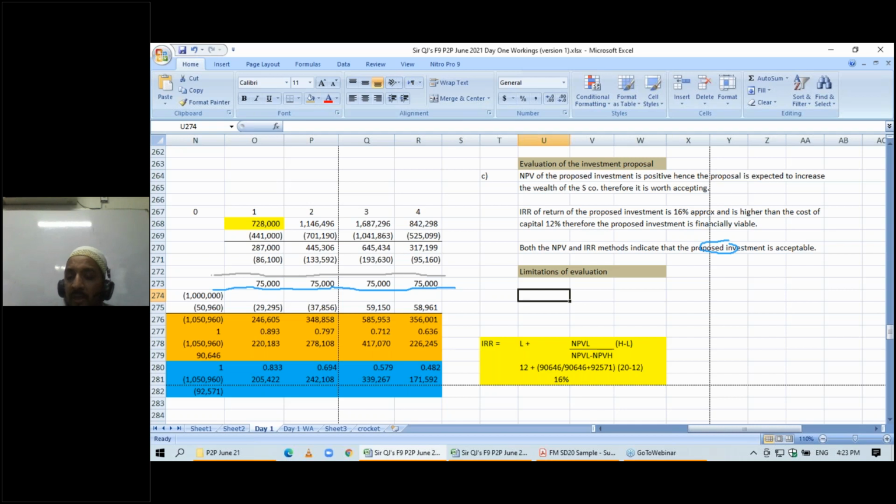Usually the economic conditions change over the years, right? If the economic conditions are changing, the inflation rates will also change. But we have assumed that inflation rates on the variable cost, the sales prices and the working capital requirements will remain the same over the 4 years. That's again not a practical thing. We should know what happens if the inflation rates change due to change in economic conditions.